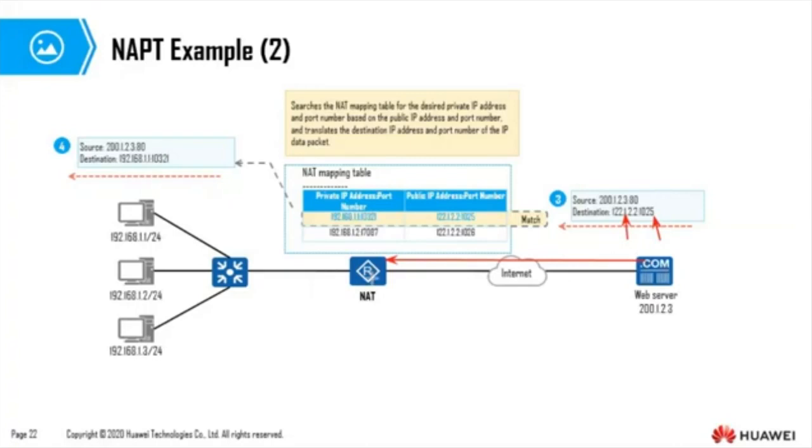When the egress device receives it, it checks its NAT mapping table and finds out that whoever has 192.1.2.2, 1025, then we have to translate it to this. And therefore, it changes the destination and the port to that. And that is how that packet is able to reach back to this person.